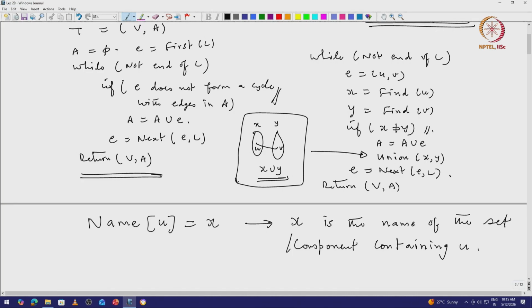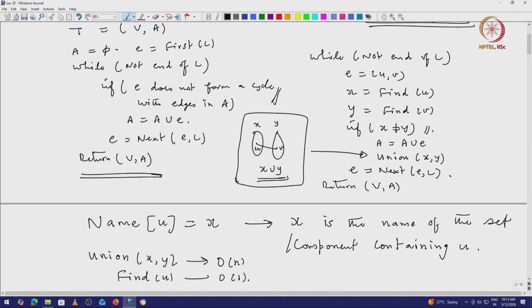With this interpretation, we have introduced a data structure that has got union of, let us say, x, y, it costs order n, find of any costs order 1.